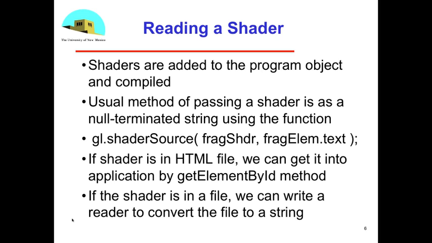Well, we can do that in a number of ways. One of the ways is that we put the shader into the HTML file and give it an identifier, which is the route we've taken in our sample program, and then use getElementById, the JavaScript routine, to the HTML routine to then get that string which has been pointed to by that identifier.